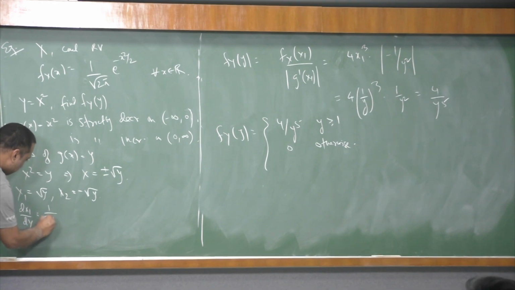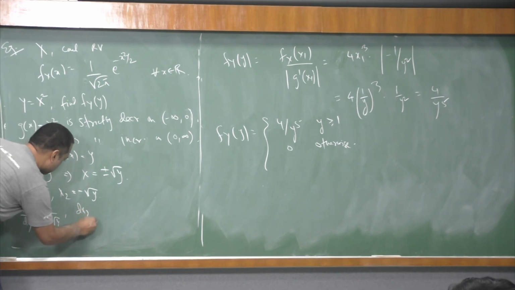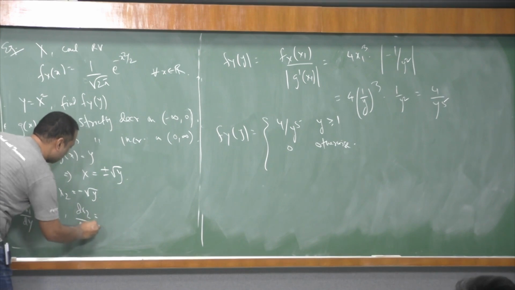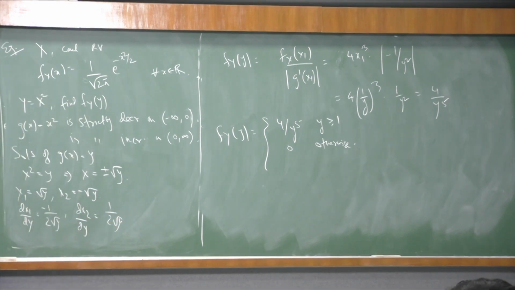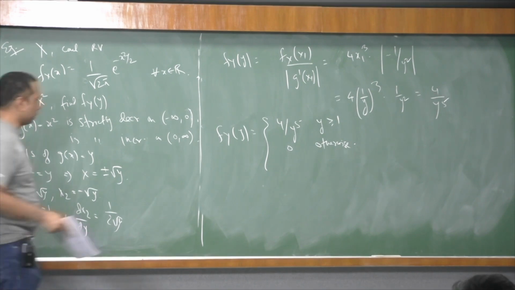And dx2 by dy is 1 by 2 square root of y, the negatives should get cancelled. So we have the derivatives and everything is there. We just have to put in the formula. It's just that now we have to sum over x1 and x2. So let us do that.